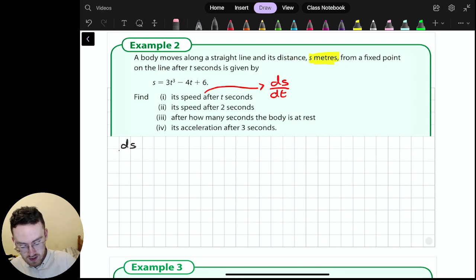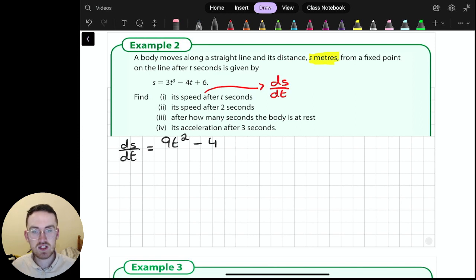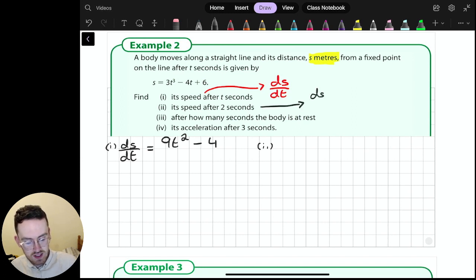So ds/dt: the 3t cubed becomes 9t squared, the minus 4t becomes minus 4, and that's our ds/dt. Next we're asked to find its speed after 2 seconds. We're looking for ds/dt, which is our speed, when t is equal to 2.